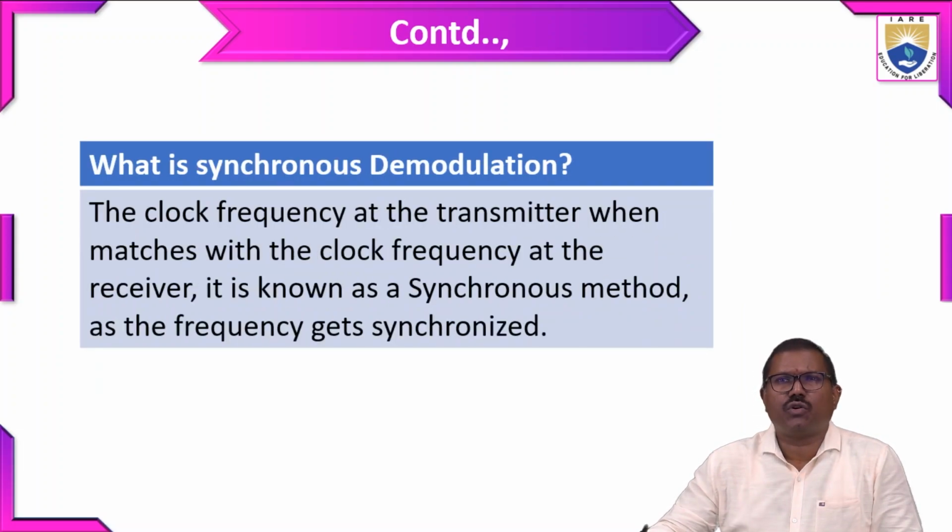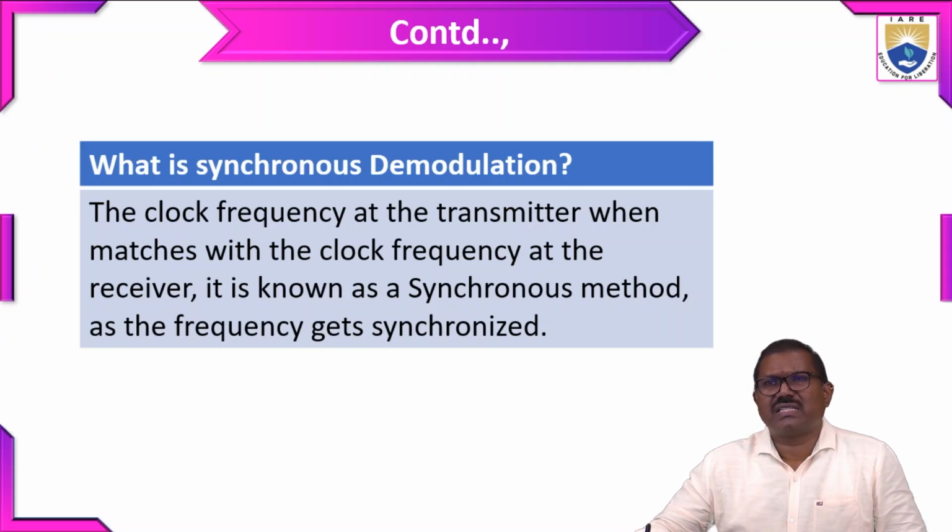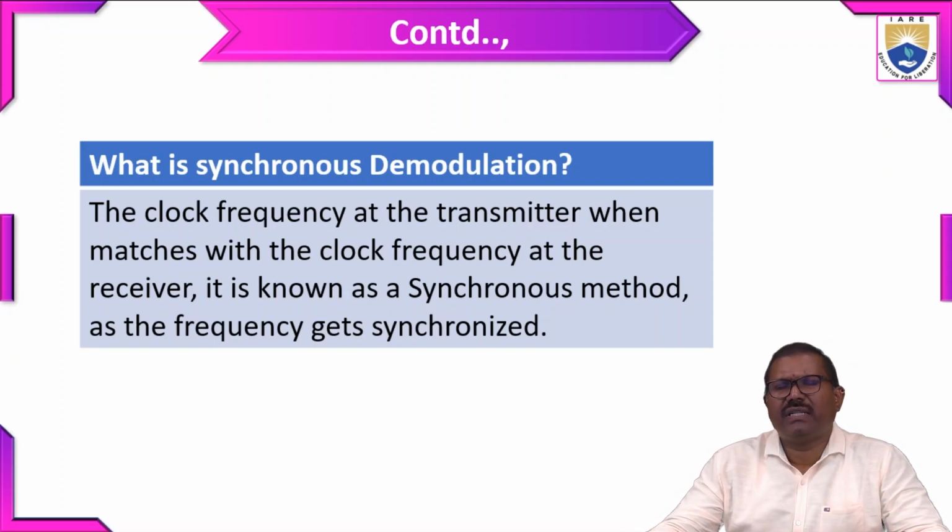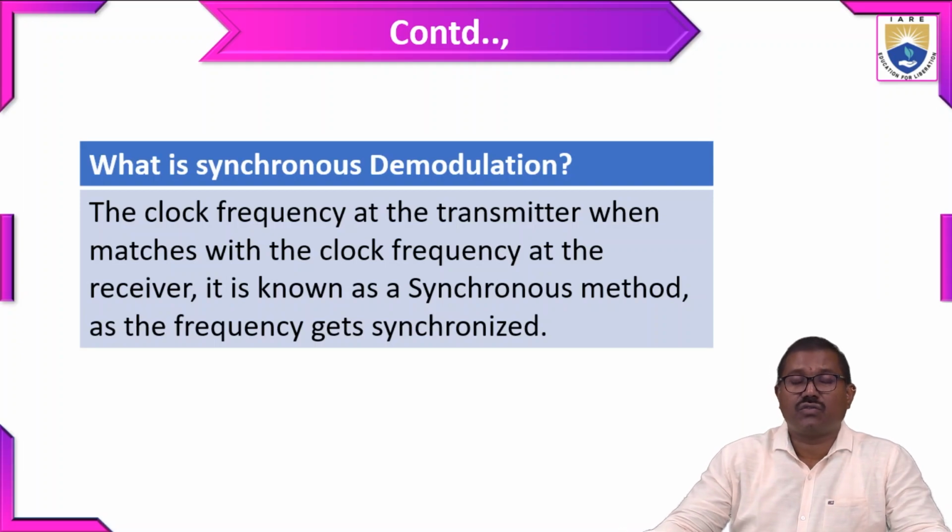What is synchronous demodulation? When the clock frequency at the transmitter matches the clock frequency at the receiver, it is known as the synchronous method, as the frequency gets synchronized. In coherent detection, we may use a replica of the phase or of the frequency. When we use the frequency, it can be called synchronous detection or synchronous demodulation.